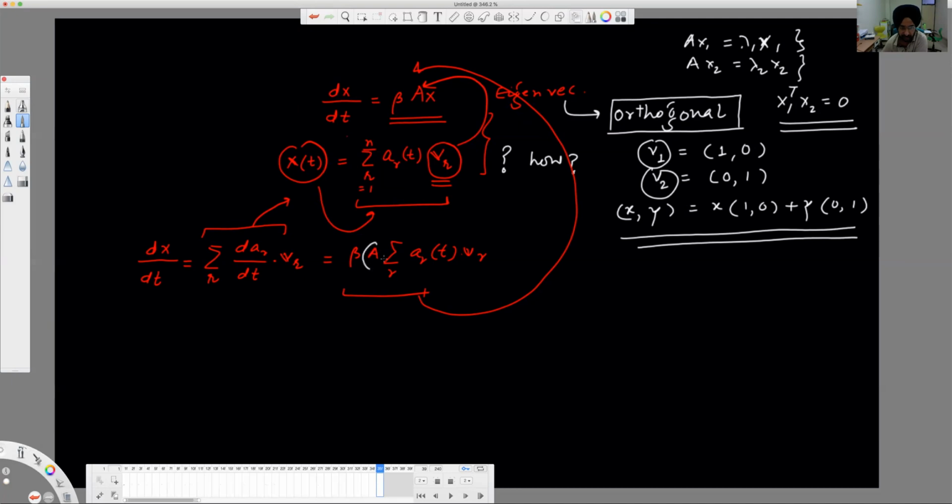I'm going to change this equation. I have A here and I have v_R, which is the typical eigenvector equation that we know, right? So we change it to the form of eigenvalue times eigenvector. Let's say I write the eigenvalue as kappa_R, and then we have a_R times v_R.